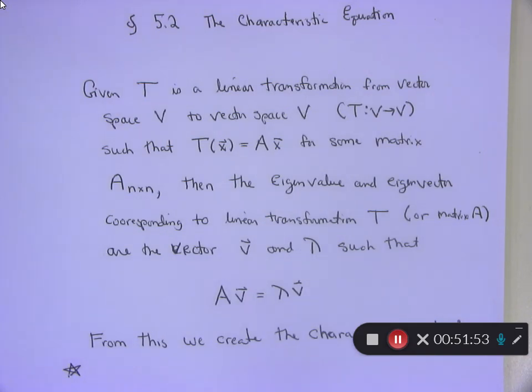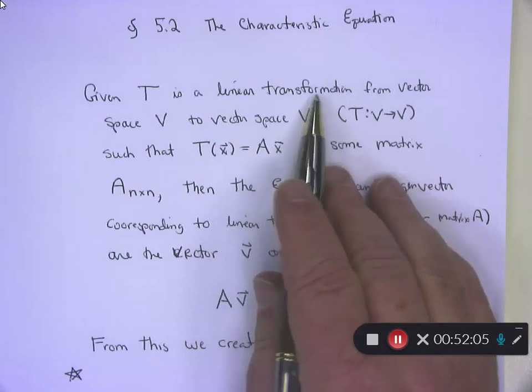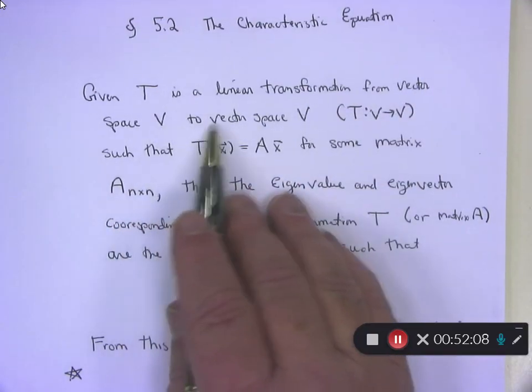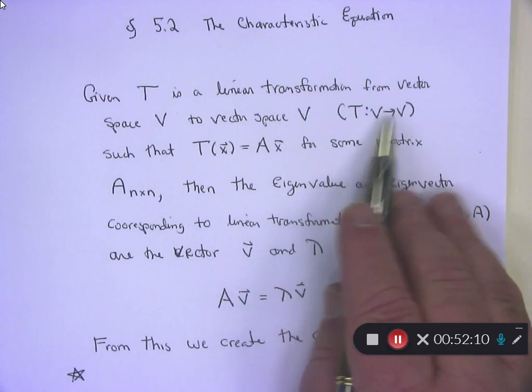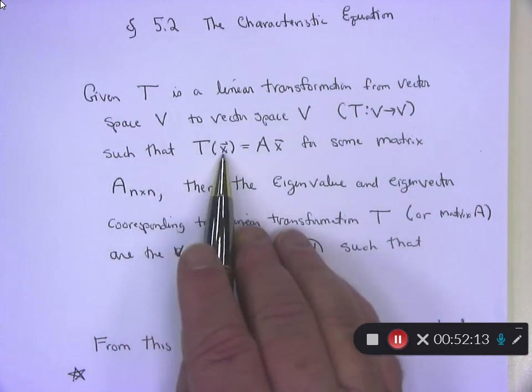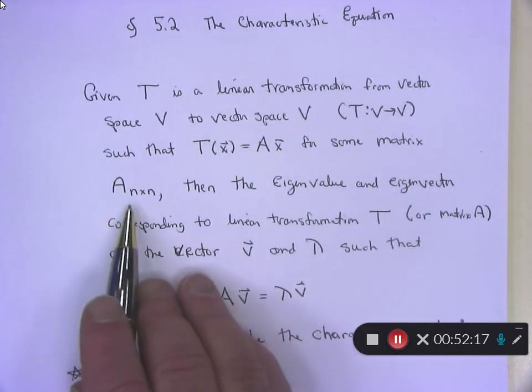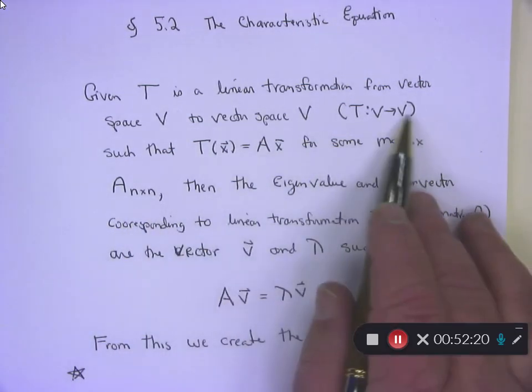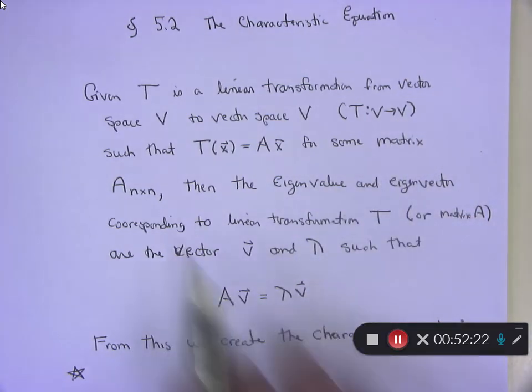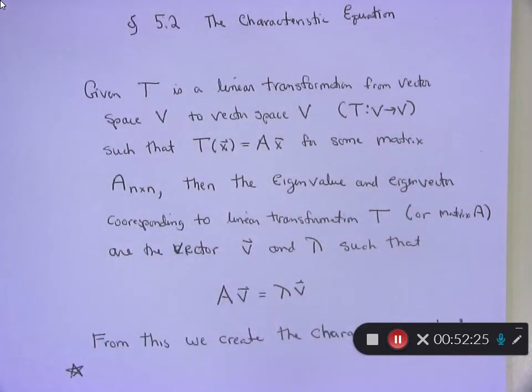Again, if you took differential equations, you have heard this word before, at least you should have from your professor. The characteristic equation: given T, a linear transformation from vector space V to vector space V, such that T of vector X is equal to A times vector X for some matrix A, which is n by n. It's got to be square because you're going from the same vector space to the same vector space. That'll always make a square matrix for your linear transformation.